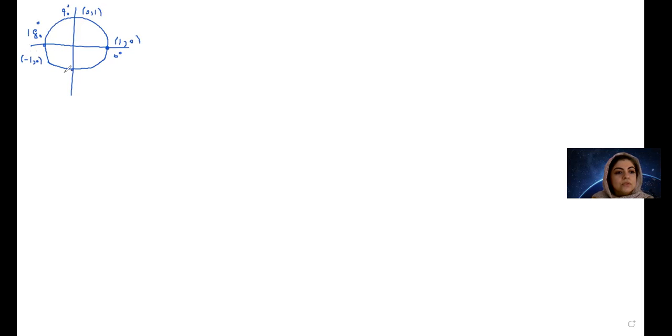And here is 270 degree, so the point is 0, -1. And here we go back to 360. 0 is the same as 360. When you do a full circle, from here to here is 360.